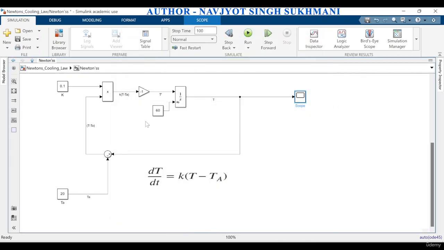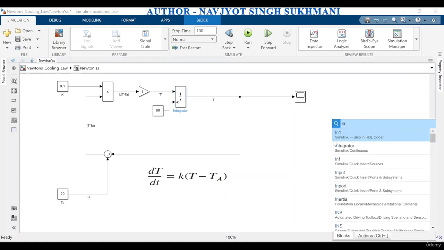If you look at a few of the blocks, this is the integrator, taken from the continuous library.